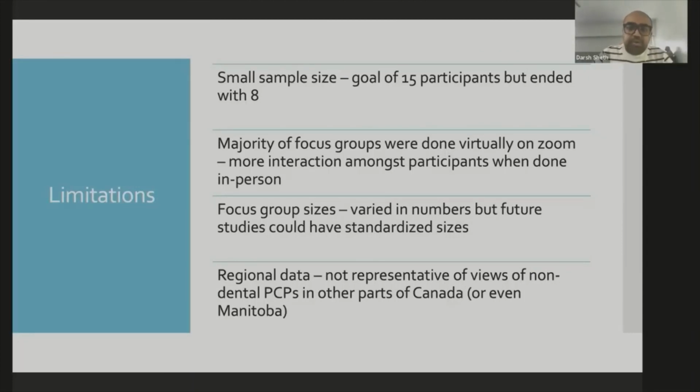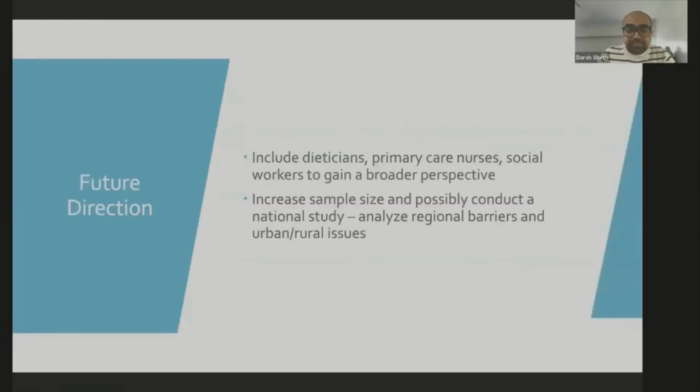So although early childhood caries is prevalent there as well, primary care providers there may have different opinions about the implementation and barriers in their clinical settings compared to somewhere in Western Canada. So I felt that having a broader perspective and looking at more non-dental primary care providers in different regions would be better for future projects.